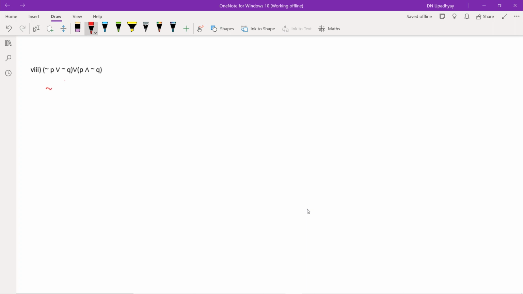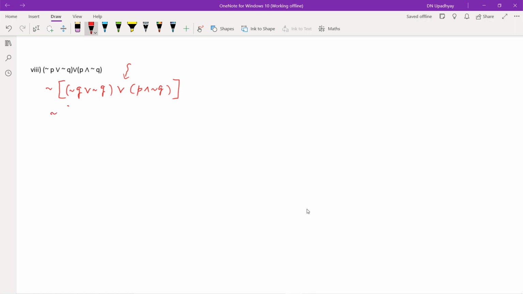Okay. Question number 8. So again, negation of (P or negation Q), negation P or negation Q, or and then P and negation Q. See, again the main connector is or. So we are going to use negation of conjunction.